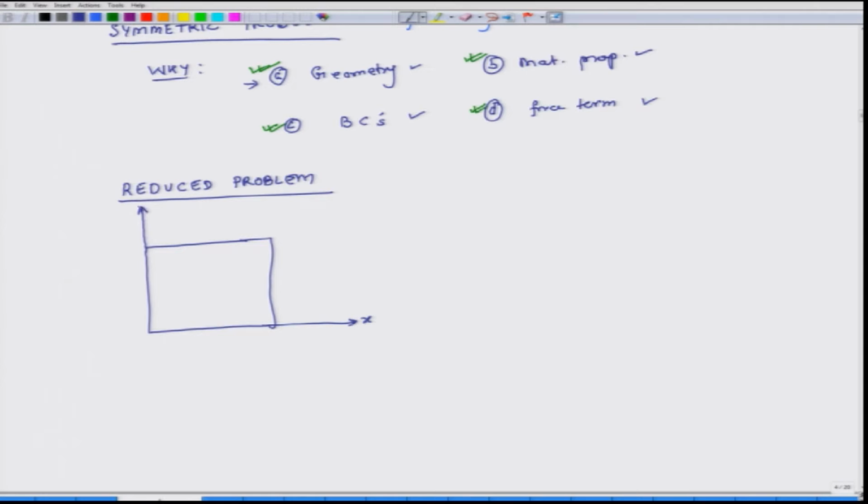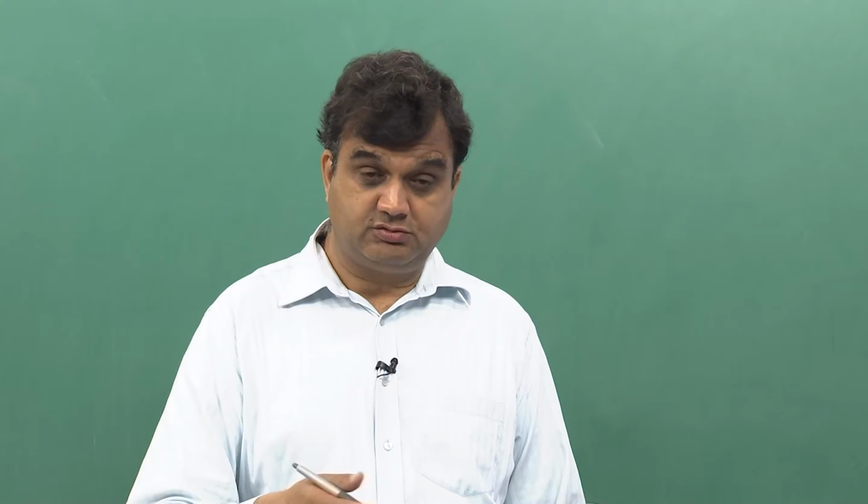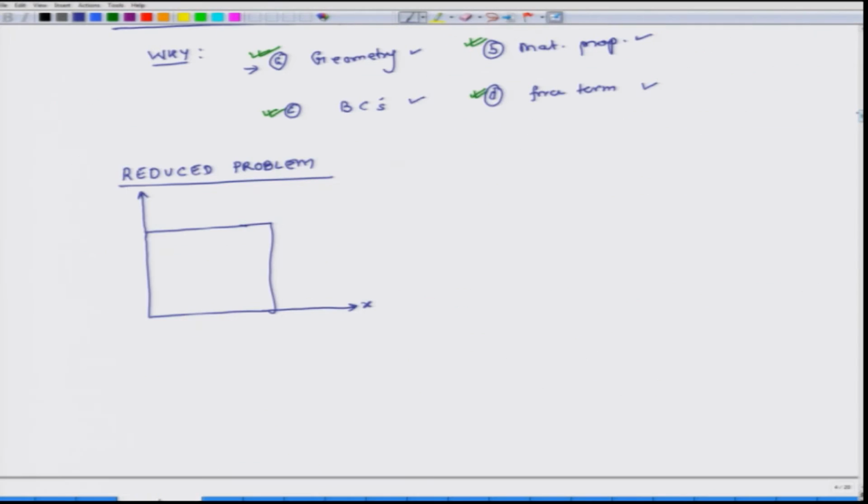So, please note, we have not shifted the coordinate system, because once we have put the coordinate system at the center, the location of the coordinate system also tells us whether it is symmetric or not. So, now we are taking the first quarter of the problem and the coordinate system has not shifted, okay, and this is the reduced problem. Now, what is the boundary condition on the top edge? U is equal to 0.